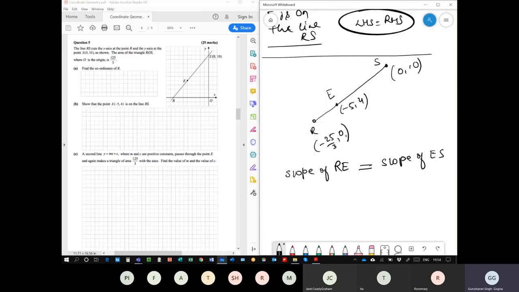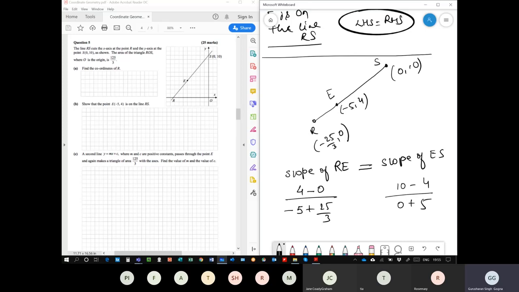So what is the formula? Y2 minus Y1 over X2 minus X1. So 4 minus 0 over minus 5, and then it's already minus, so it will change to plus 25 over 3. So this will give me the slope of RE. What would be the slope of ES? It would be 10 minus 4 over 0 plus 5.